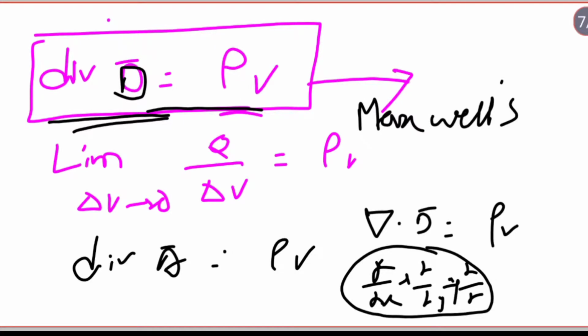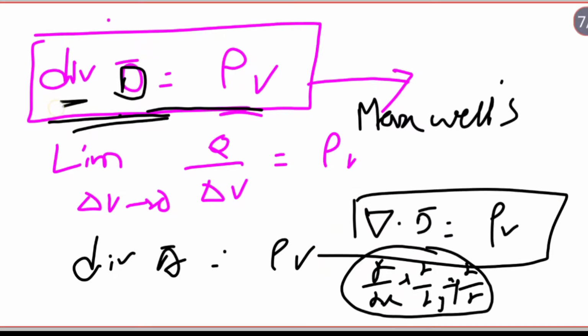Del dot D equal to ρv, or divergence of D bar, is also known as ρv. Divergence means partial differentiation.